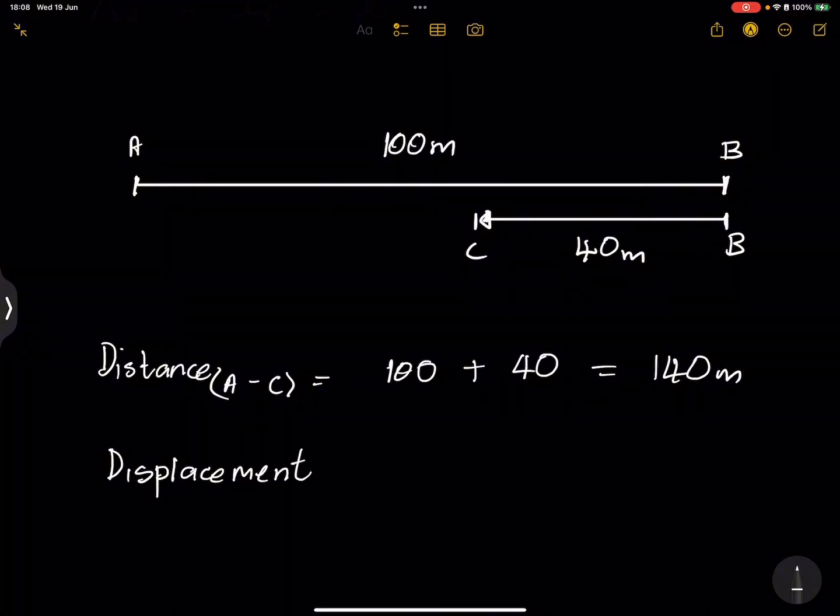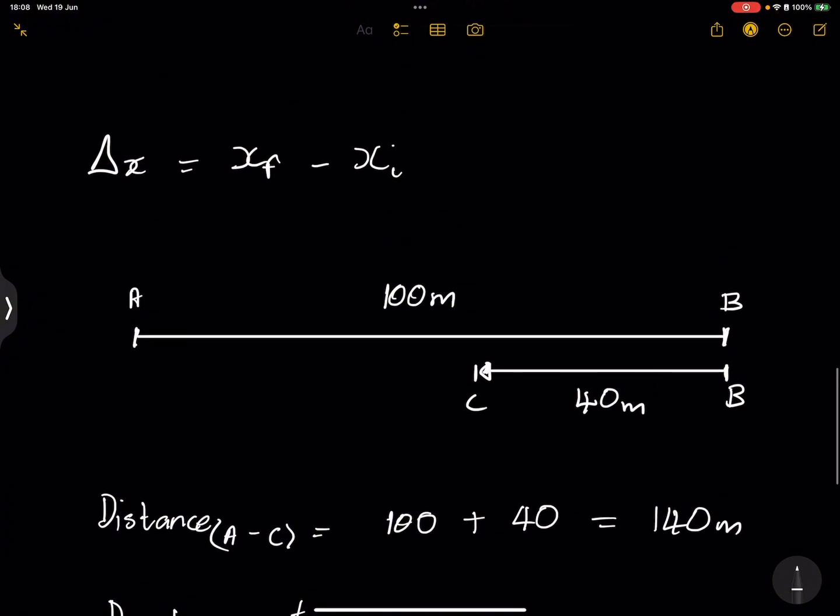But if I said to you, calculate the displacement between A to C, notice, ladies and gents, what are we going to do? Now we need to consider a positive direction. So I'm going to say going to the right is positive, or going to the east is positive.